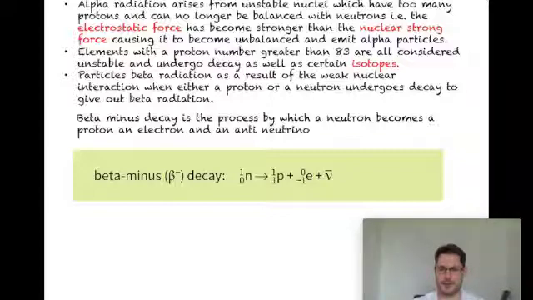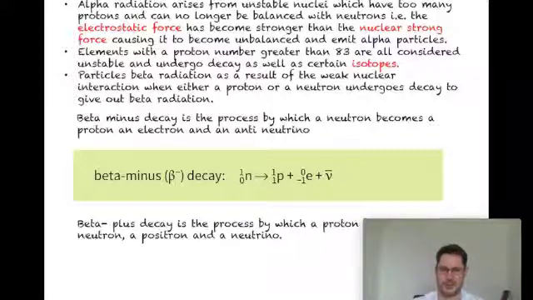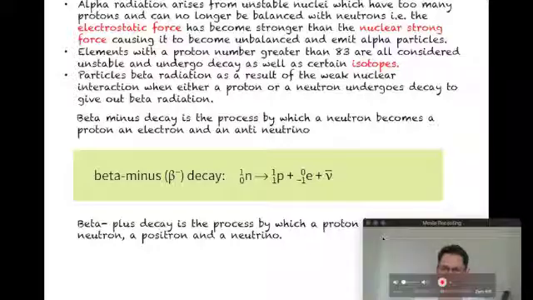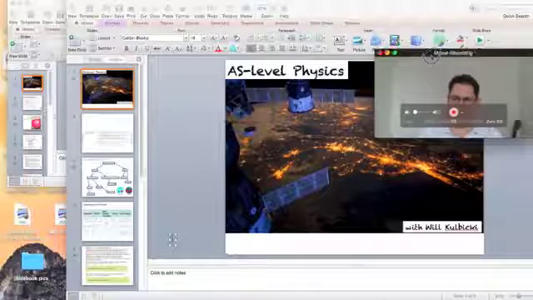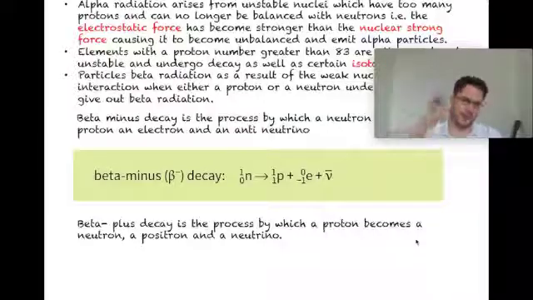But we can't give out an electron without giving out an antineutrino, which is an anti-lepton, in order to balance that. So we can think of an electron as being a lepton and an antineutrino being anti-lepton. So everything is balanced in that equation.